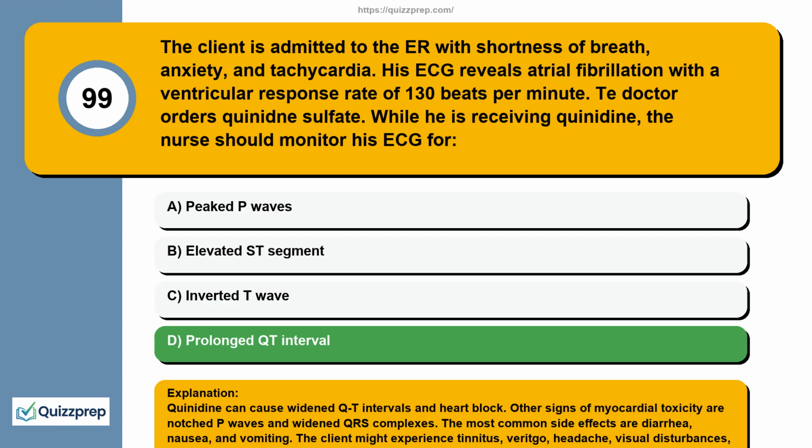Quinidine can cause widened QT intervals and heart block. Other signs of myocardial toxicity are notched P waves and widened QRS complexes. The most common side effects are diarrhea, nausea, and vomiting. The client might experience tinnitus, vertigo, headache, visual disturbances, and confusion.